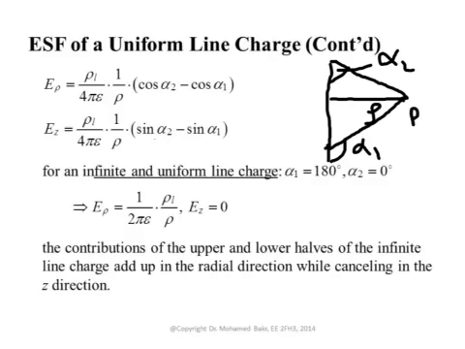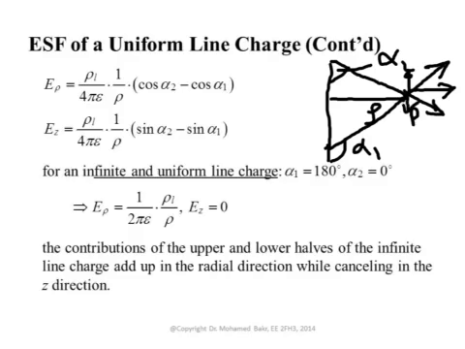The field will be only in the rho component, and this actually makes sense because the field resulting from some points will be in this direction. Field resulting from a similar point would be in this direction. They cancel each other out, and all the z component cancels and only the rho component will remain. So z components will cancel, rho components will remain.